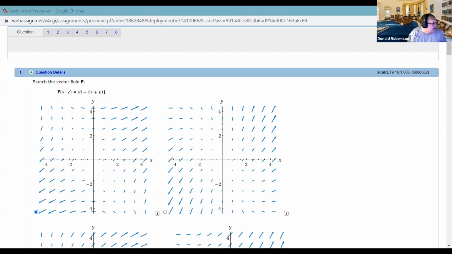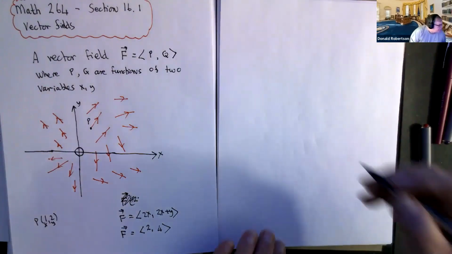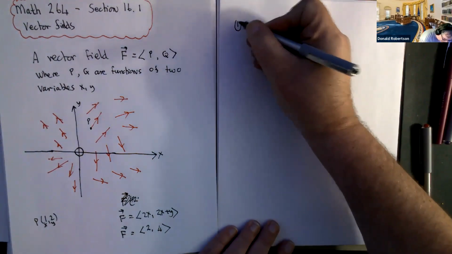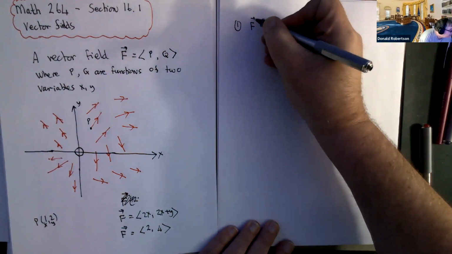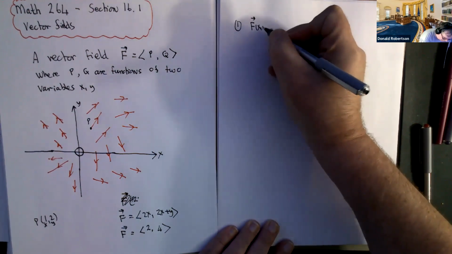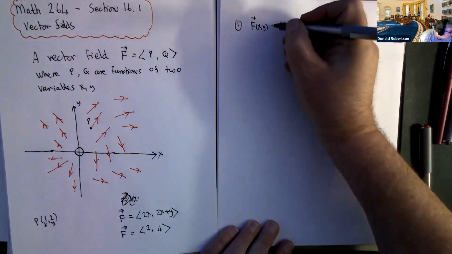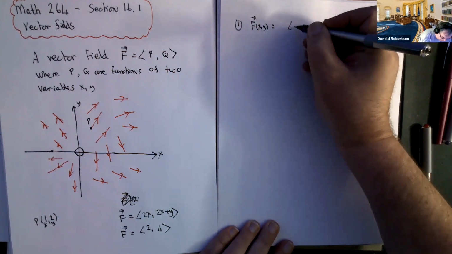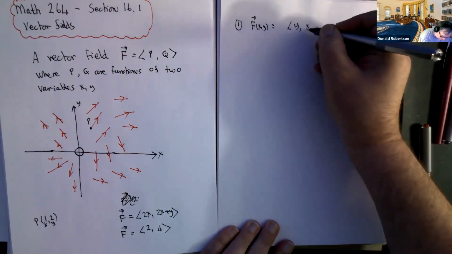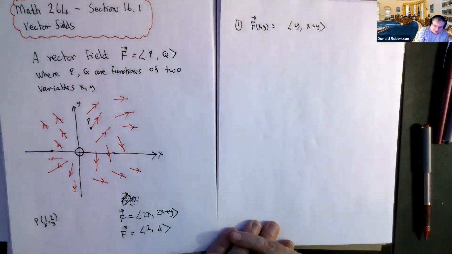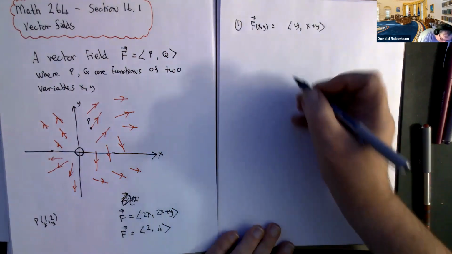Okay, now I've got it. So for instance, in question 1, the vector field F, which you can think of as a function of x and y, was given by y, x plus y. That was the one I just did, and I believe it was picture 1.